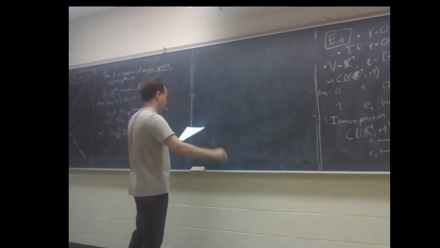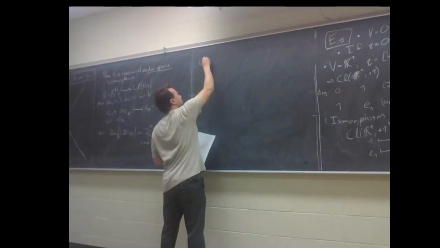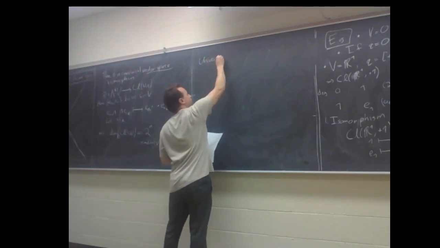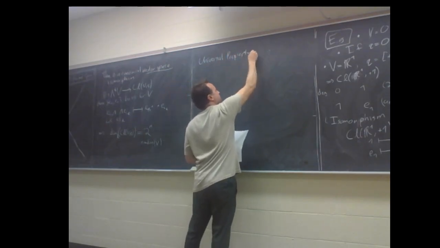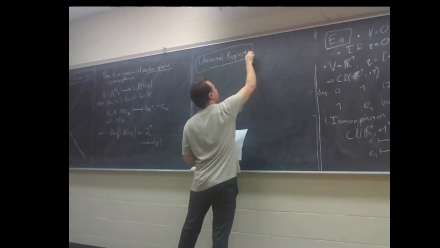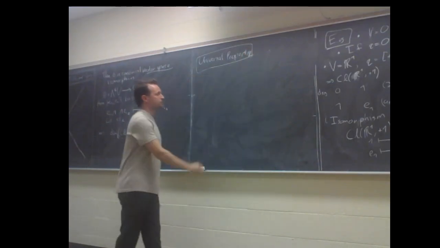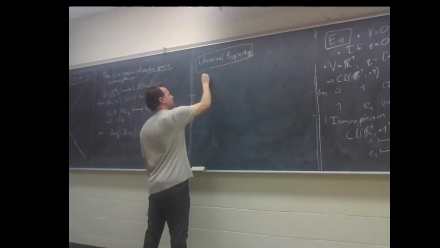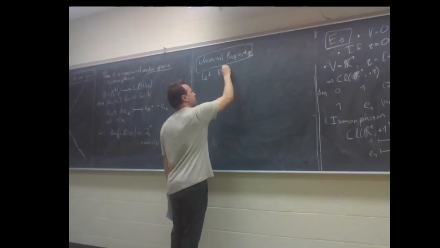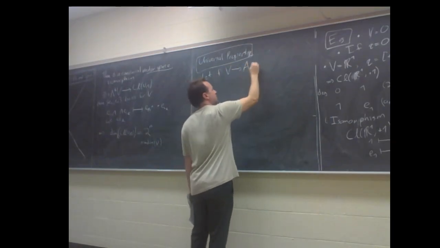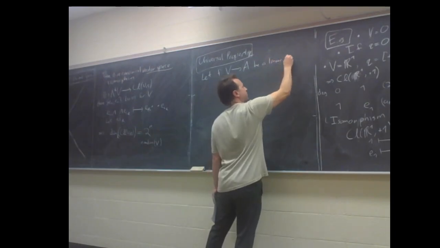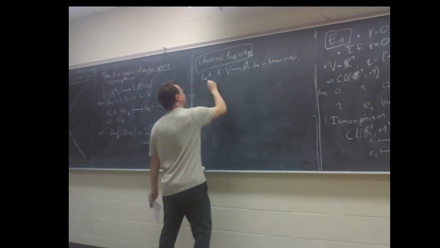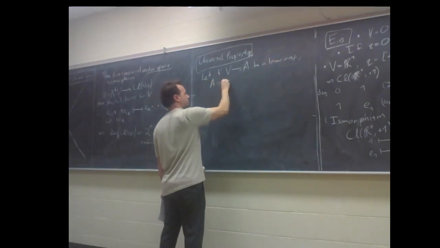But we have to start getting into more real things. So there's a universal property for this construction. It goes as follows. Let f from V to A be a linear map, where A is an associative algebra.